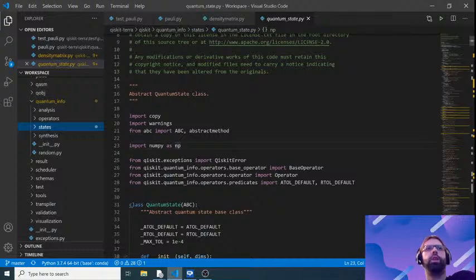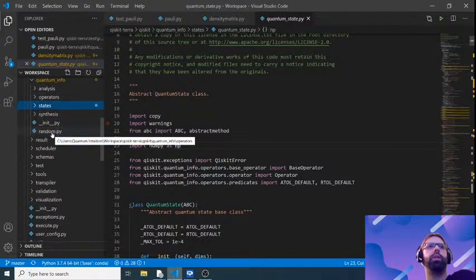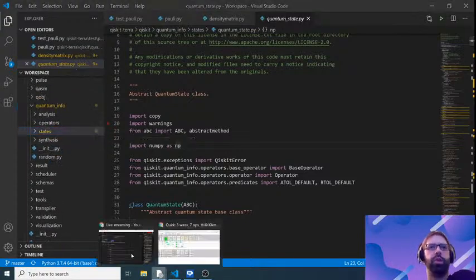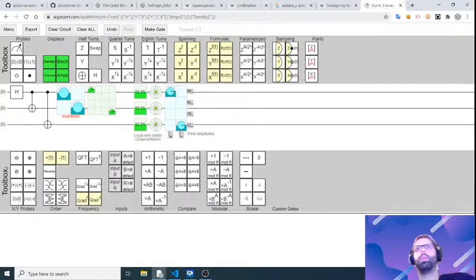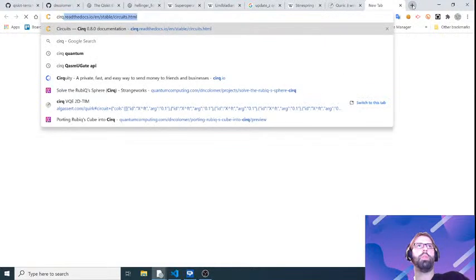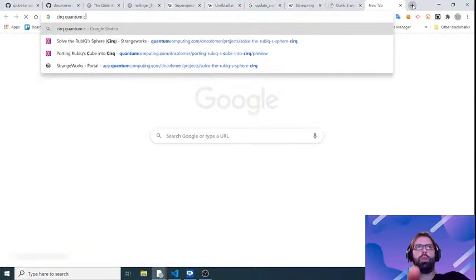Okay, so you can really work with these concepts in Qiskit as well. Can you do this with Cirq, for example? Cirq quantum channel.